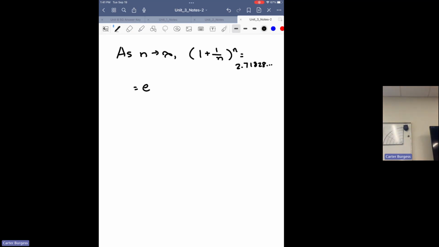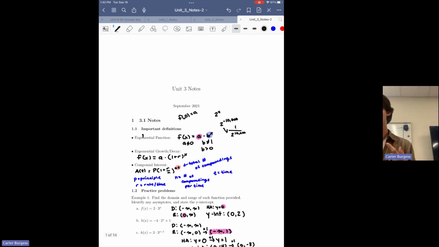And so we get this convergence. Our function settles down on this value of e. And so if we are compounding infinitely, or what we might say instead, if we are compounding continuously throughout the entire stretch of time that we are given, we can rewrite our formula here.